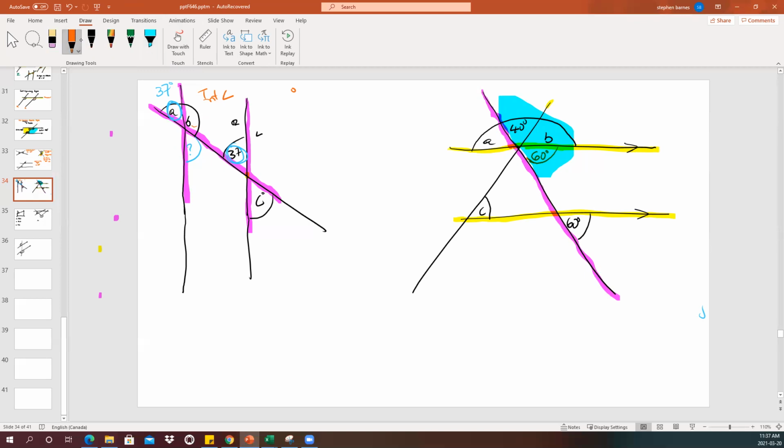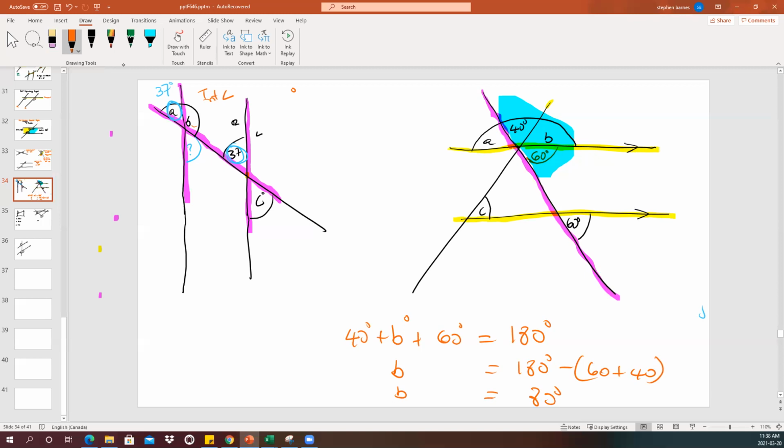So we can go ahead and calculate for B. So 40 plus B plus the 60 degrees that we found is going to be equal to 180 degrees, right? So B is going to be equal to 180 minus 60 plus 40, which is 100. B is equal to 80 degrees, right?